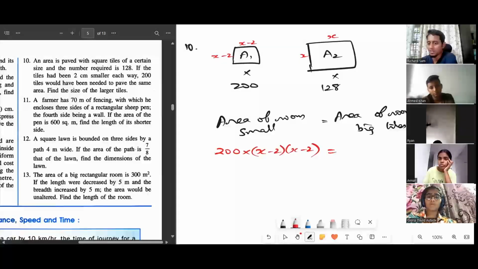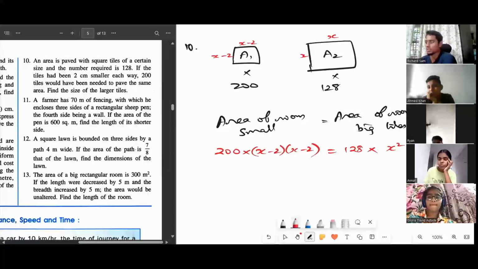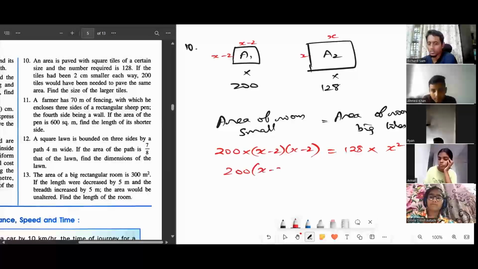Here 128 tiles into area of that. What is the area of that big tile? x into x. This is your equation. 200 into (x minus 2) whole square, or (x minus 2)(x minus 2), is equal to 128 x square.